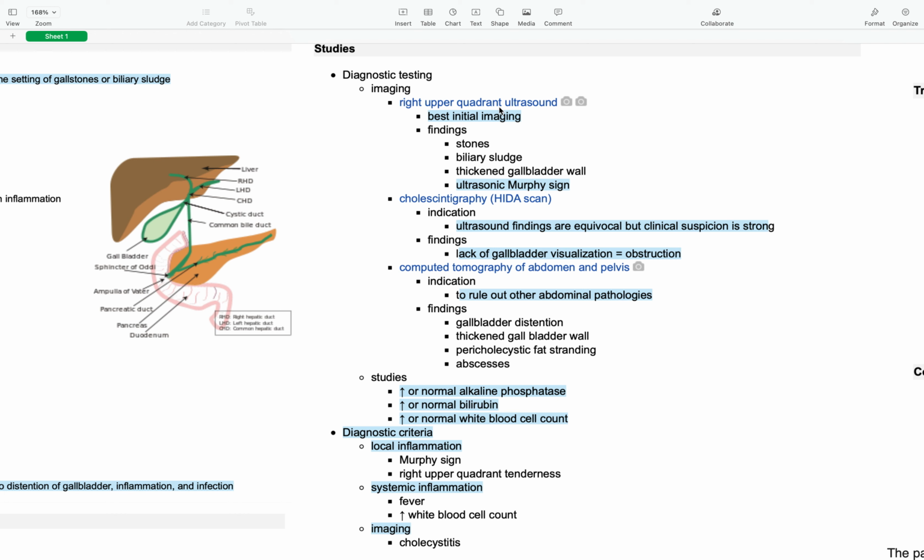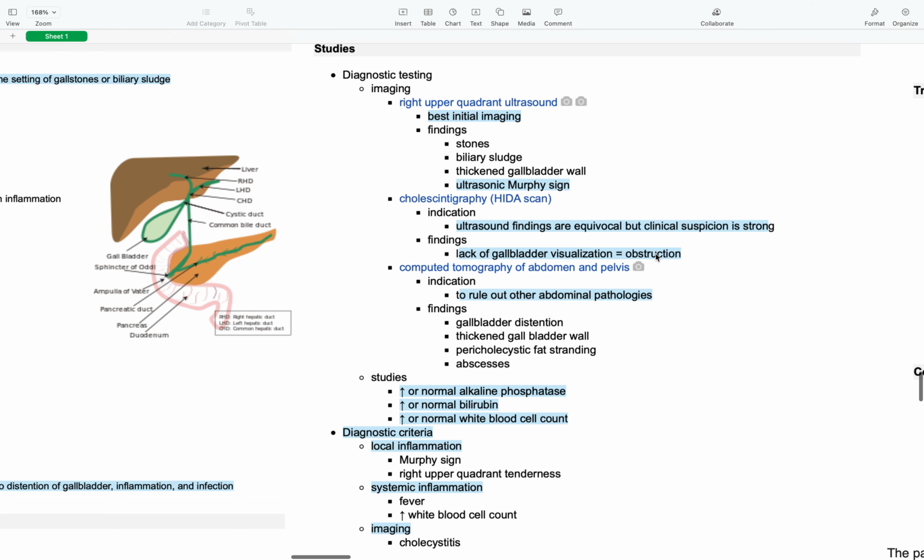Now, if the ultrasound imaging is not apparent, but you have a high suspicion for cholecystitis, then you can do a HIDA scan. All right, a HIDA scan will show you a lack of gallbladder visualization, meaning that there is an obstruction.